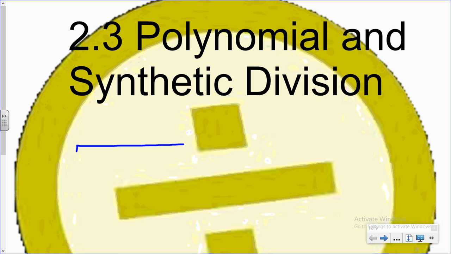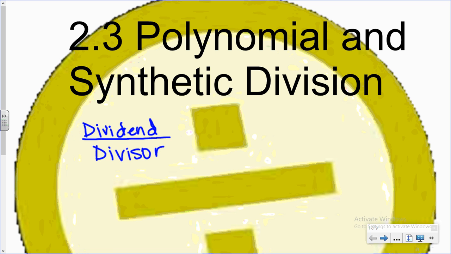That would be like right here in the division. Okay, and what goes out here? The divisor. What's the middle? So we have dividend divided by the divisor. And what do we get out of the deal? A quotient.